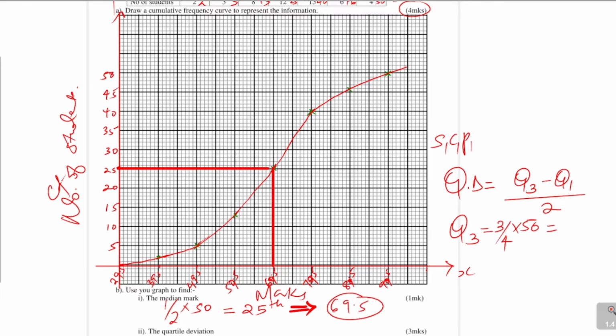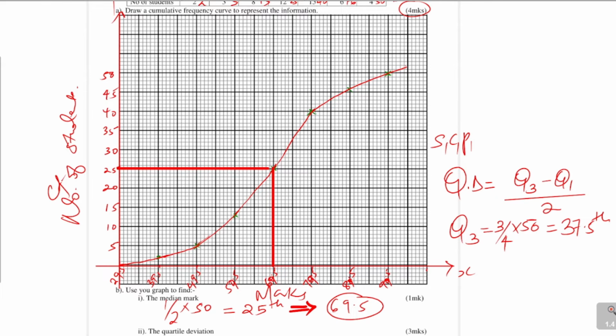Work it out, and this will give 37.5. That is a position, 37.5.